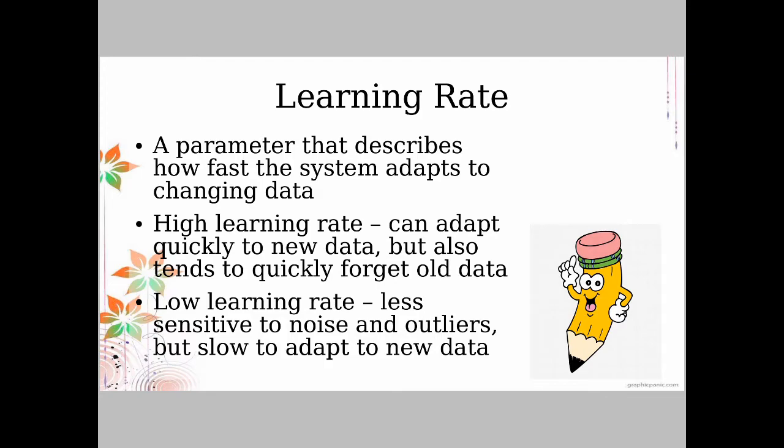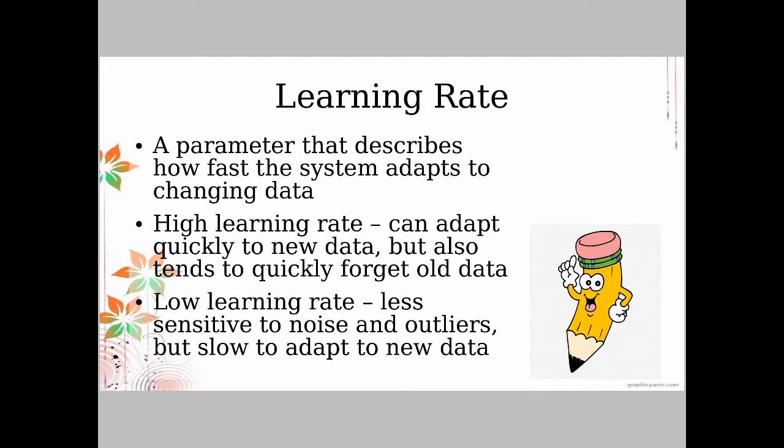So too high a learning rate tends to be more susceptible to noise, especially if the new incoming data are mostly outliers. Since it forgets the old established data, your model will tend to get biased to the outliers. And then we have the low learning rate. In the low learning rate, it's less sensitive to noise and outliers.